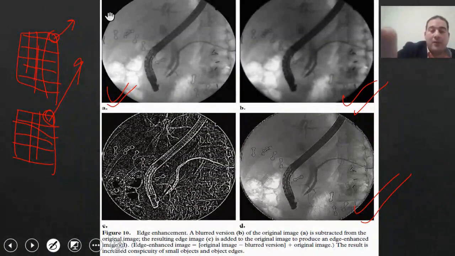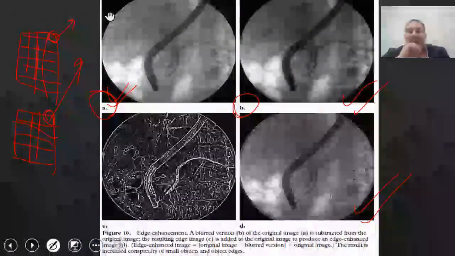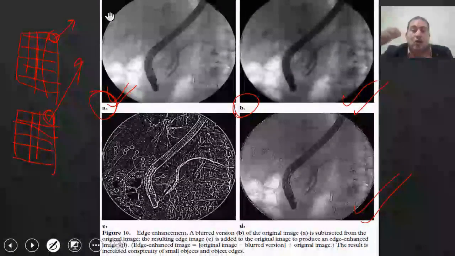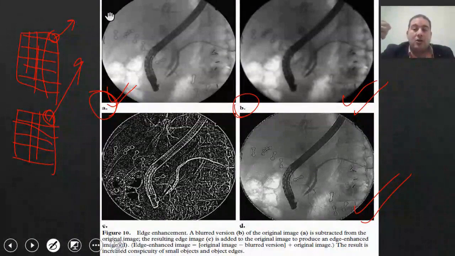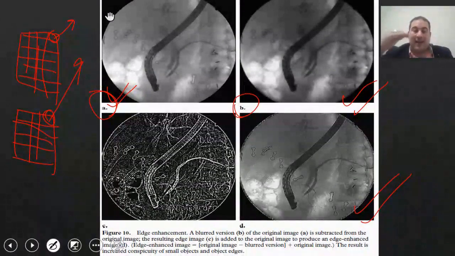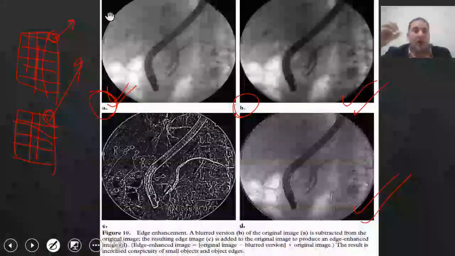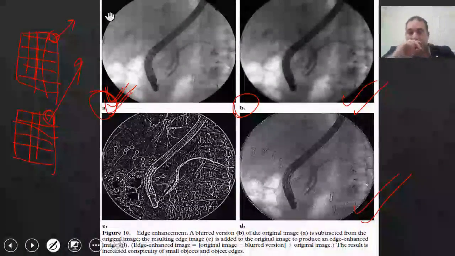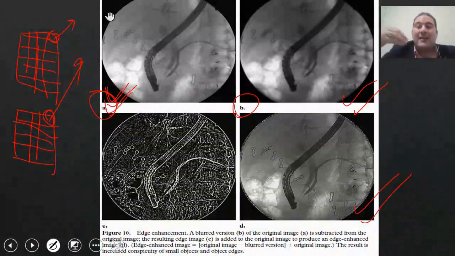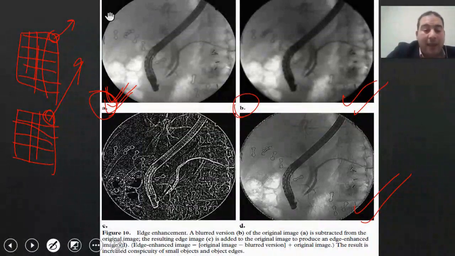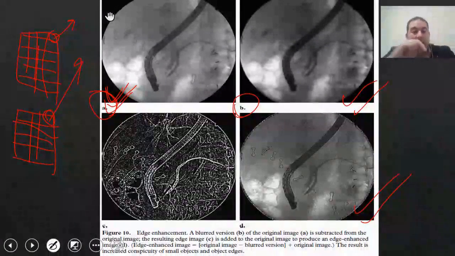If I subtract the smooth image from the original image, what will I have? You will have essentially the part that has high density or high signal. It means that what remains, after the smoothed-out elements of the individual pixels are removed, is only the high intensity signal that is present in the edges of my image.